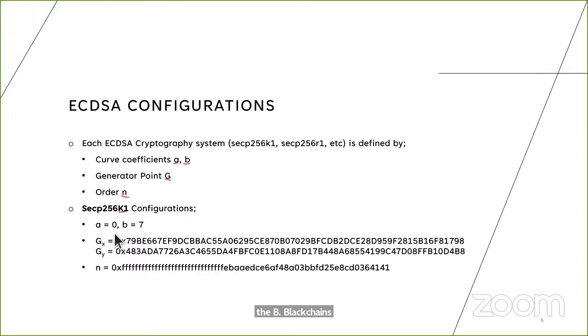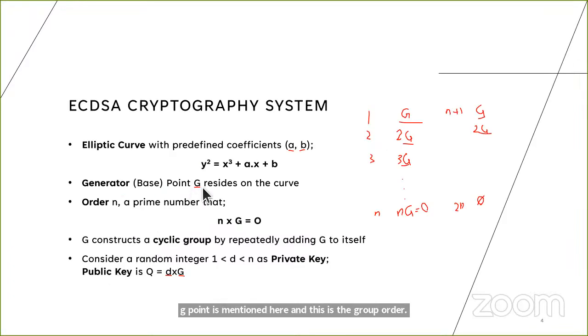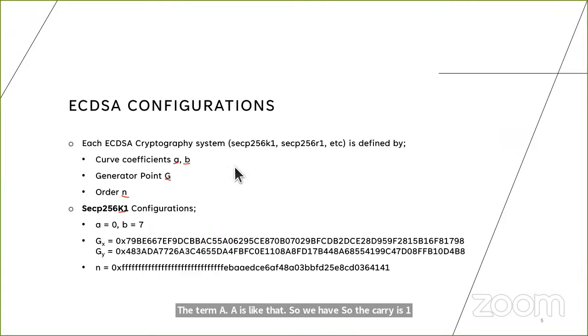Here you see the A parameter is 0, B is 7, and the G point is mentioned here, and this is the group order. So the term ax is wiped out, and the curve is y² = x³ + 7. And we also have different configurations for R1 or any other variation of ECDSA.